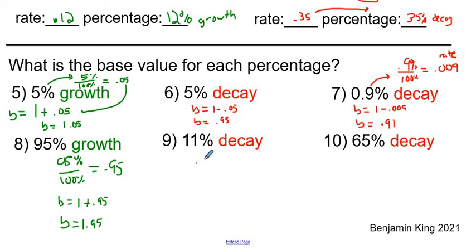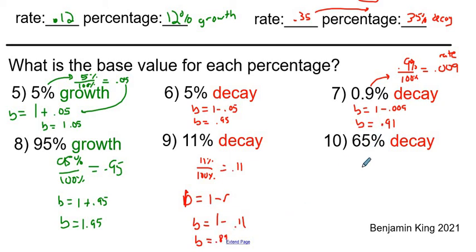So this one, again, just doing the math here, 11% would become 0.11 as a rate. Jumped ahead of myself a little bit there, but I got it now. And so the rate, the B, would be 1 minus the rate. So B would be 1 minus 0.11. So B would be 0.89.